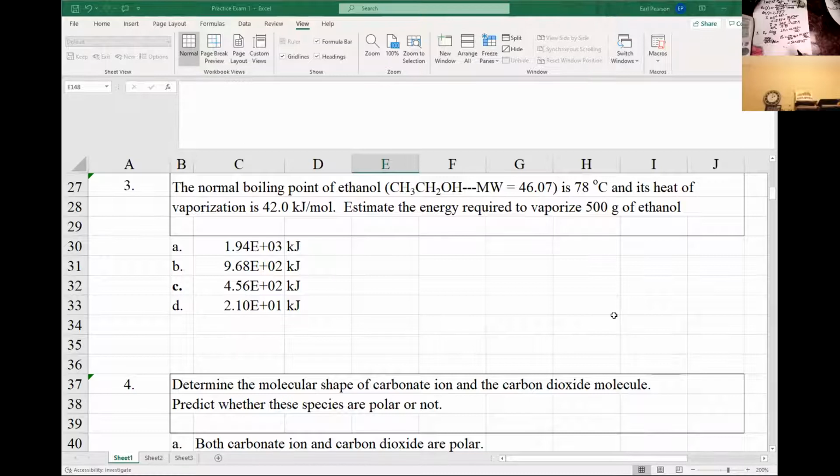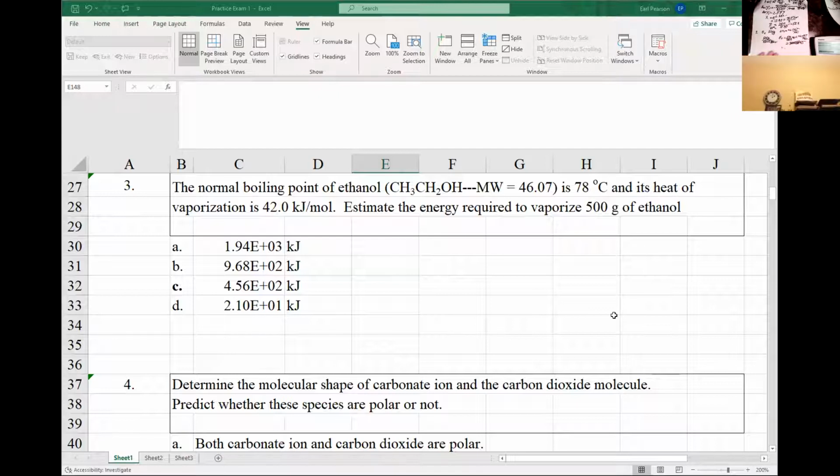Okay, now I entered it in the calculator wrong. This is 46.07 instead of 40.07. That's the trouble with trying to write with these markers.